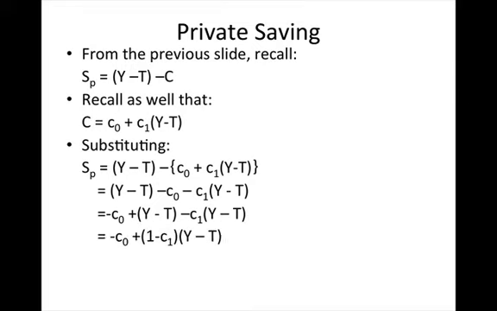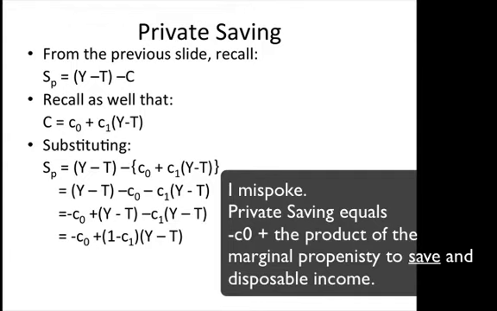Now let's factor out disposable income from these last two terms, and we get private saving equal to minus autonomous consumption plus 1 minus the marginal propensity to consume times disposable income. This term, 1 minus the marginal propensity to consume, is sometimes referred to as the marginal propensity to save.